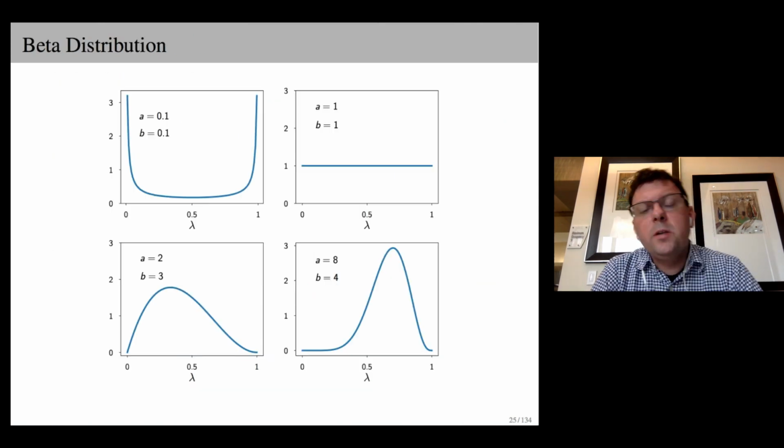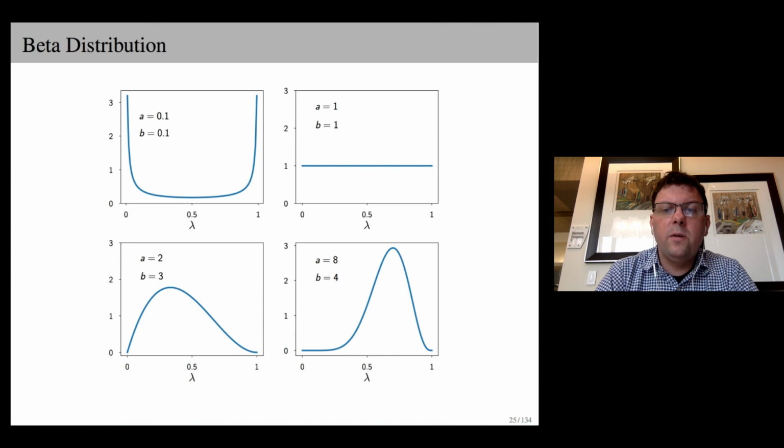Here we have visualizations of the beta distribution corresponding to different settings of its parameters, a and b. We can see in the top right panel, if we want to express the belief that we don't know what the bias is, then we can use a uniform distribution, setting a and b equal to 1. And this means lambda is equally probable for any value between 0 and 1 a priori.